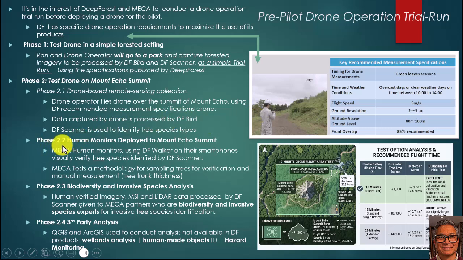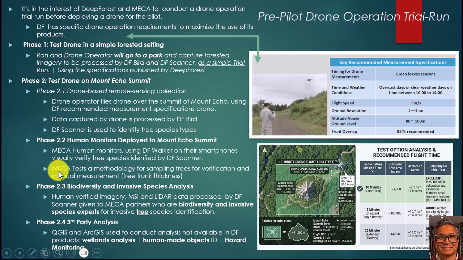In phase 2.2, human monitors are deployed to Mount Echo, and these human monitors use the DF Walker product, which can be installed on smartphones, to visually verify tree species identified by the DF Scanner product.